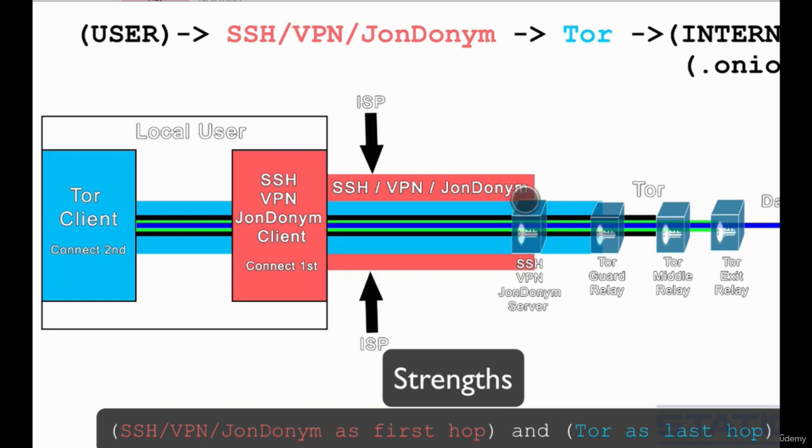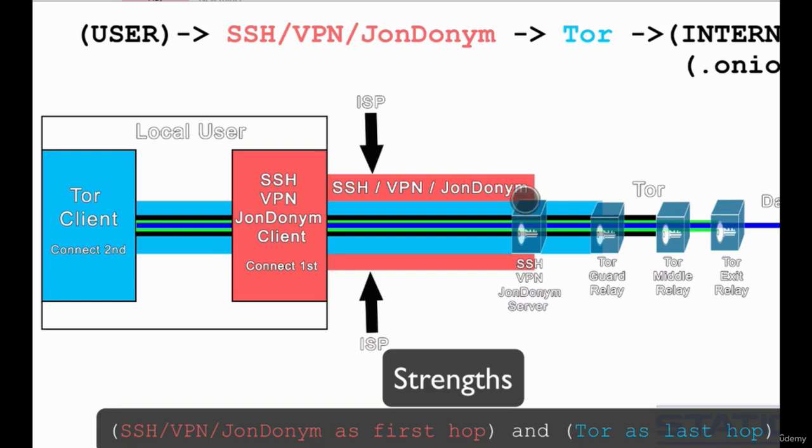They can make a DNS, and the SSH, VPN and Jondonym client reaches correctly with the help of the DNS, and it can kill the connection over SSH, VPN, any of this layer like Tor guard relay, Tor middle relay.